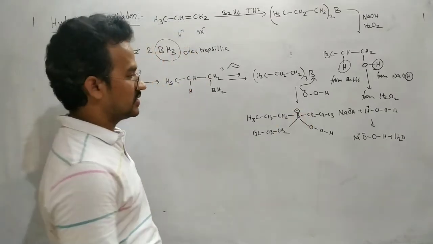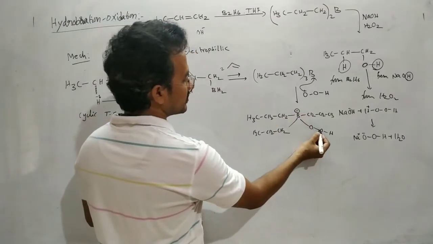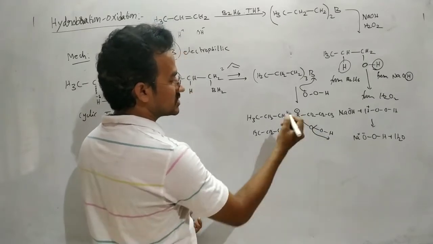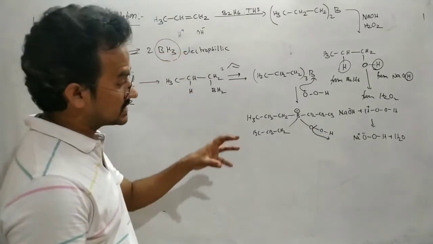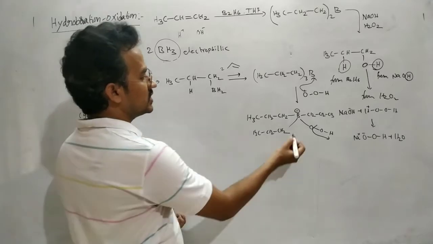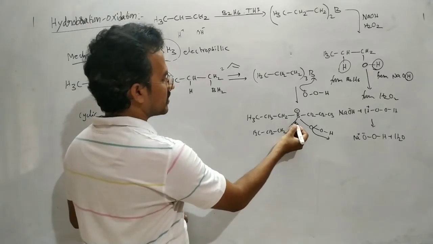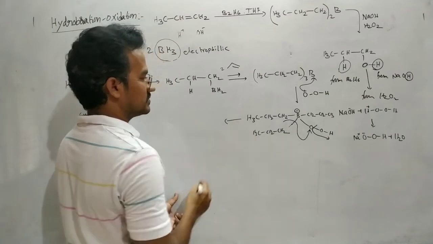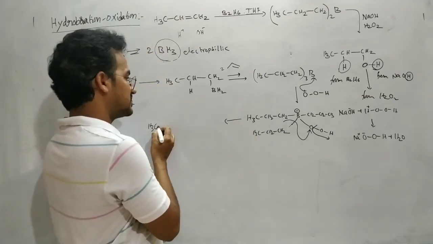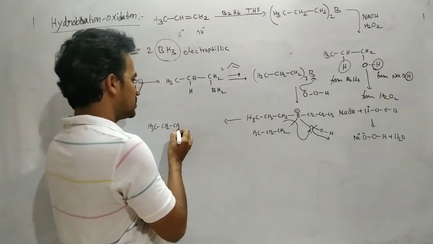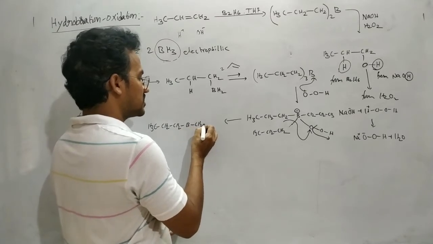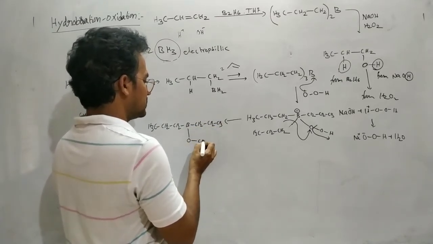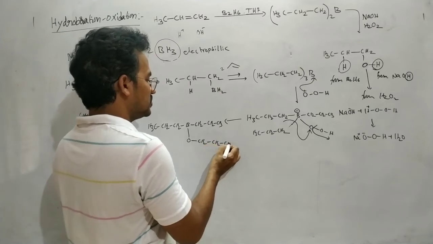In this case, the peroxy bond is a weaker bond, so the OH minus ion leaves. As a result, this oxygen carries a positive charge, so it is highly electron deficient. The alkyl group R minus migrates towards the O plus atom. As a result, we get boron with CH2CH2CH3 groups and an oxygen attached to CH2CH2CH3.